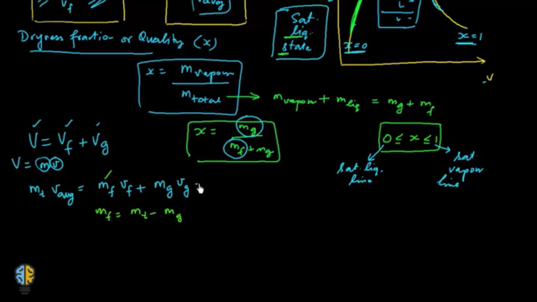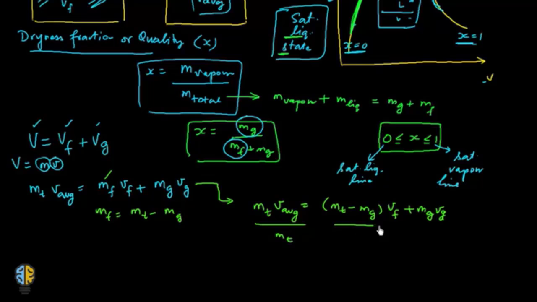So this equation becomes mt into v average is equal to mt minus mg into vf plus mg into vg. Alright, now you divide the whole equation by mt, the total mass.